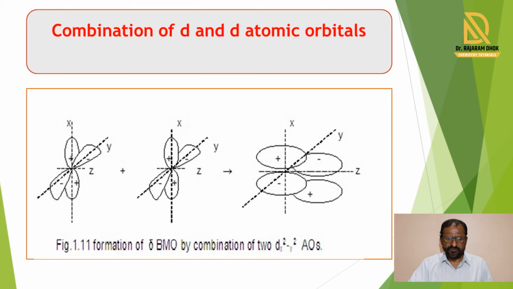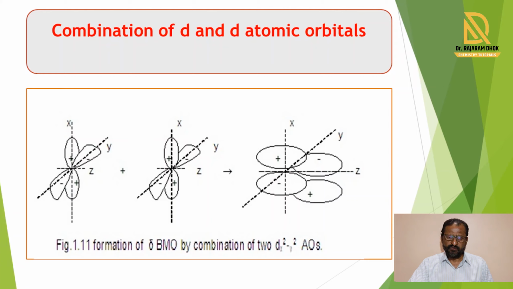So in this case also, this combination is somewhat difficult to understand, because when the 4 lobes of one atom and 4 lobes of the other atom combine, then 8 lobes combine, and in a two-dimensional diagram it is somewhat difficult to show, and for that purpose you can see the two-dimensional diagram on the net.